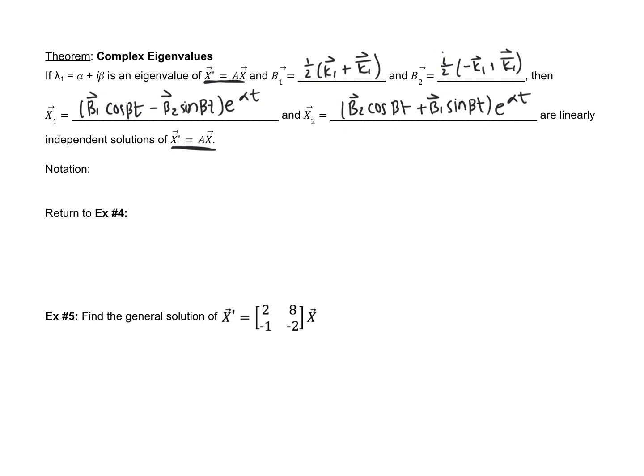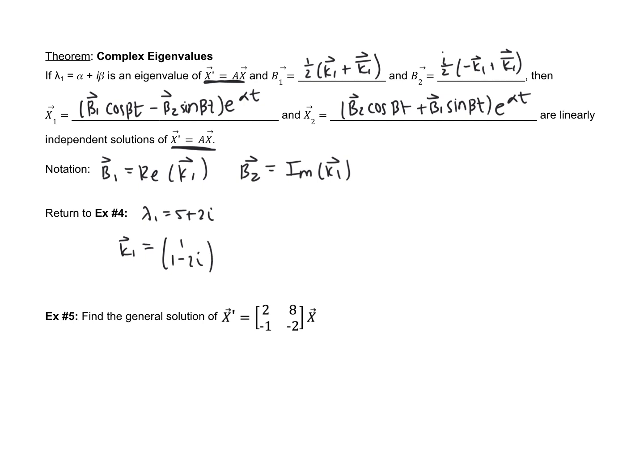And so the notation then is B1 is the real part of K1, and B2 is the imaginary part of K1. So let's return to that example that we did before. We found our first eigenvalue to be 5 add 2i. And then when we found our eigenvector, we found it to be 1 and 1 subtract 2i.